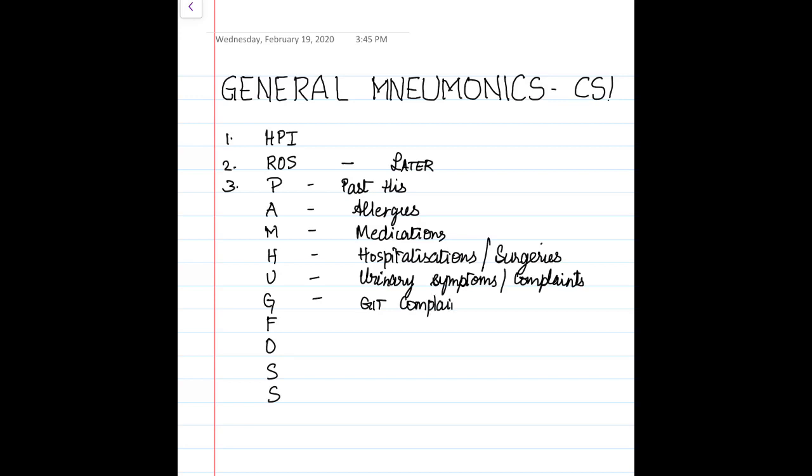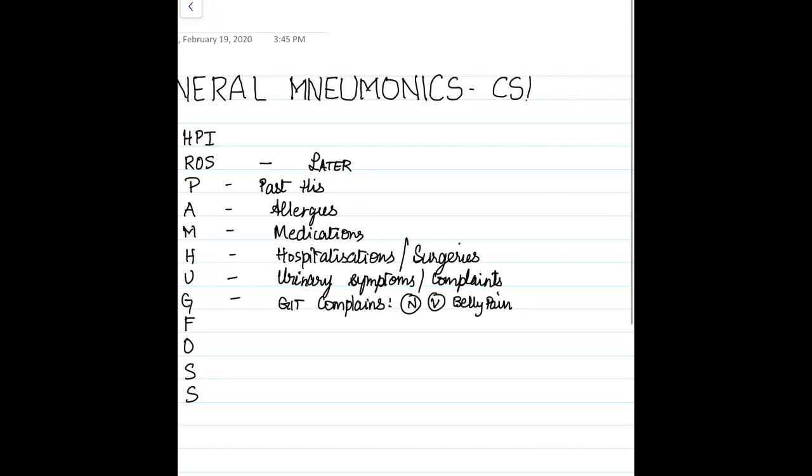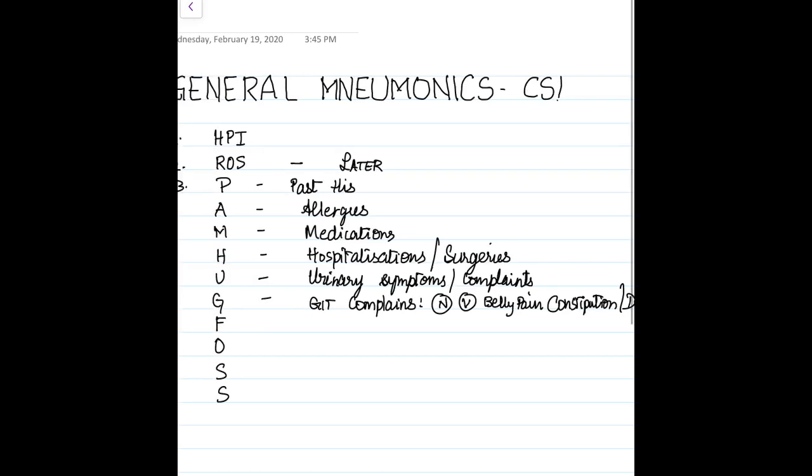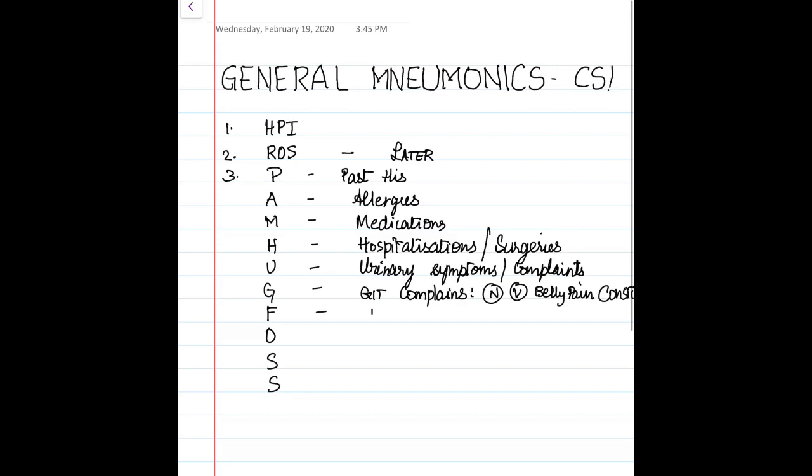So in GI complaints, you can ask about nausea, vomiting, belly pain, constipation, or diarrhea. F is for family history.